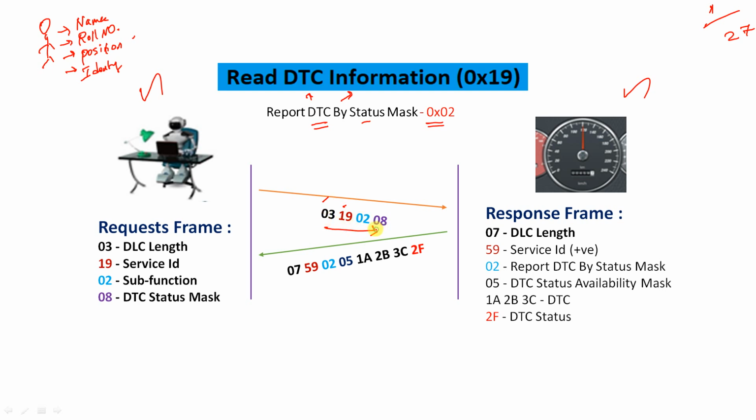And what is this 08? 08 is a kind of additional information. Say, for example, if the ECU wants to store some data, that is a DTC or DTC related information, the DTC status, whatever it is, the particular DTC's ECU should have a kind of location for it. Here, for example, is the DTC status mask.